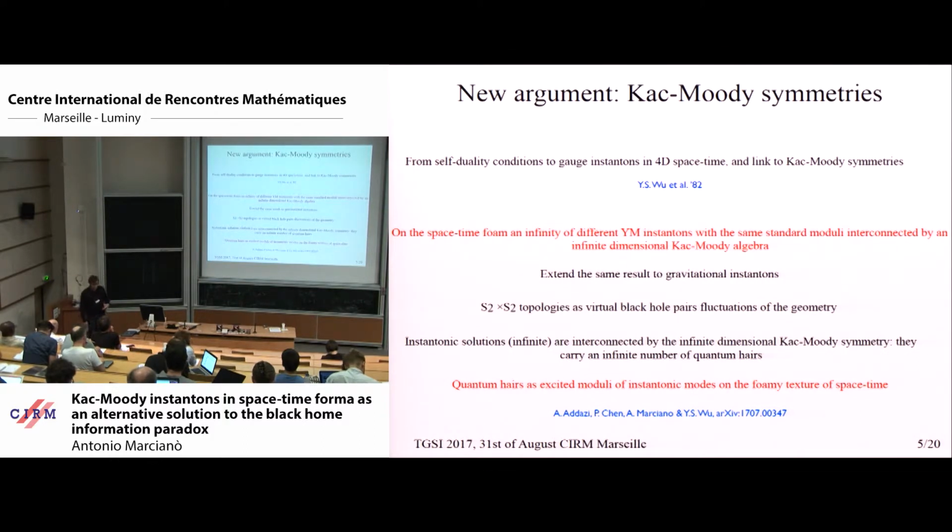There is this work back in the 80s by Yongshu and other people that were able to find the existence of Kac-Moody symmetries, in a three-dimensional algebra, which is connected to the existence of these instantonic solutions.